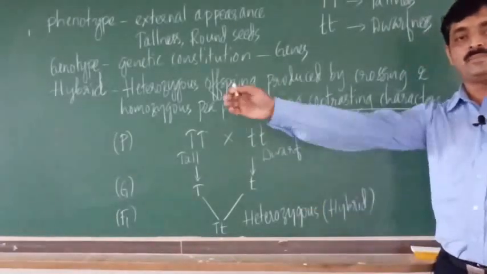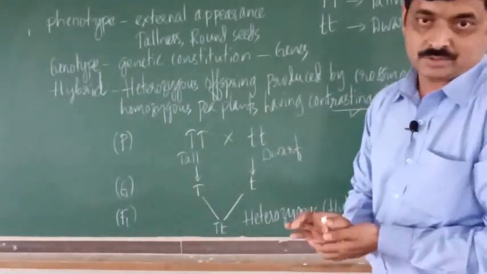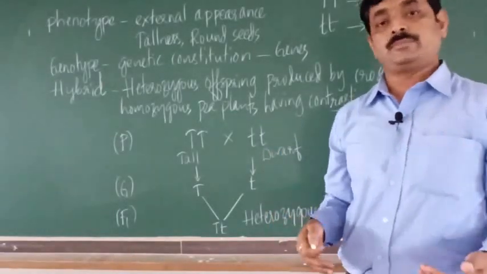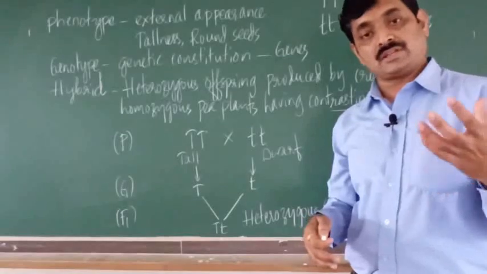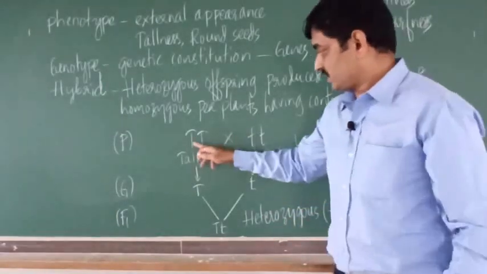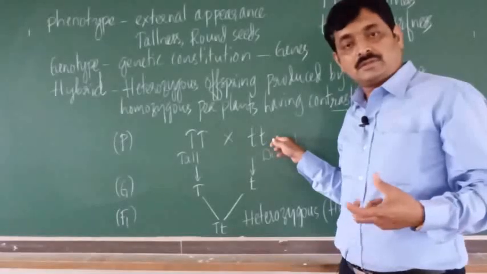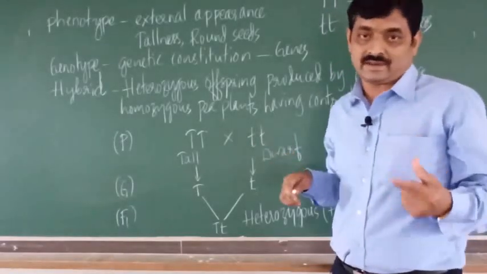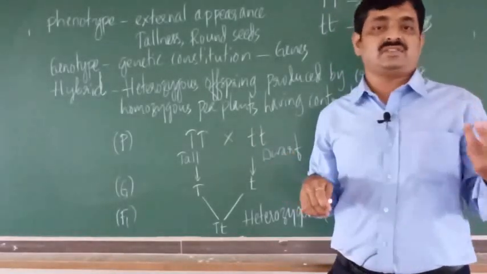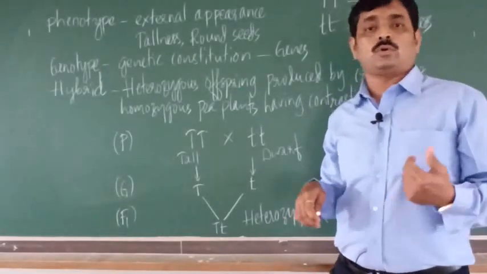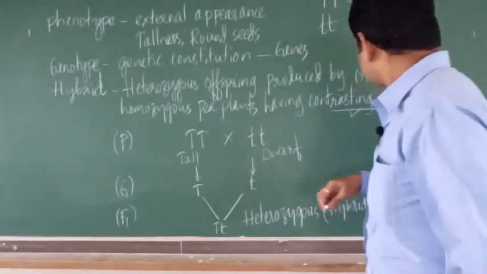Right? So this is how hybrid plants are produced. So you may expect a question, how are hybrid plants produced? Hybrid offsprings are produced by crossing two homozygous parent plants having contrasting characters. So you may expect a question, what is a hybrid? Or you may expect a question, what is phenotype or what is genotype?